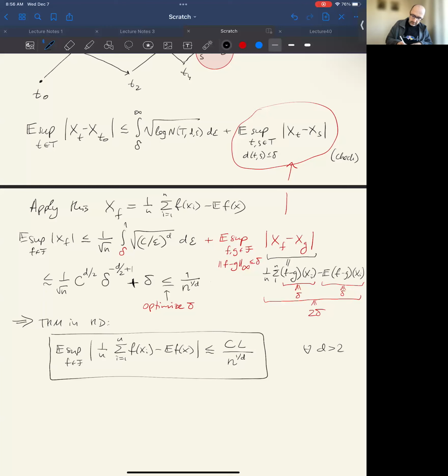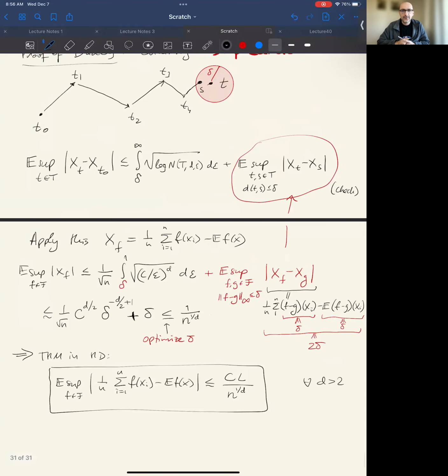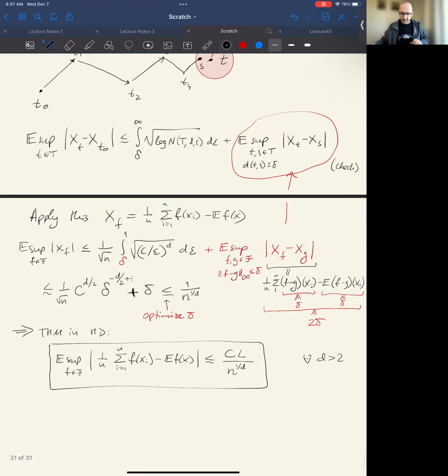So that's a result of this fix. And the fix is to stop chaining early. Good.